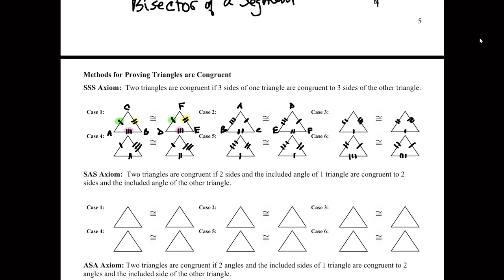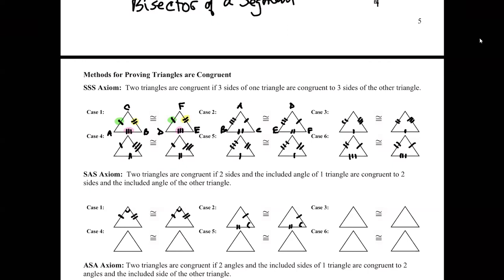So the way that would look is if you had, let's say this side is congruent to this side, this angle is congruent to this one, and this side is congruent to this one. That's one case. It could also be the case that maybe this side is congruent to this one, this angle is congruent to this one, and this side is congruent to this one.